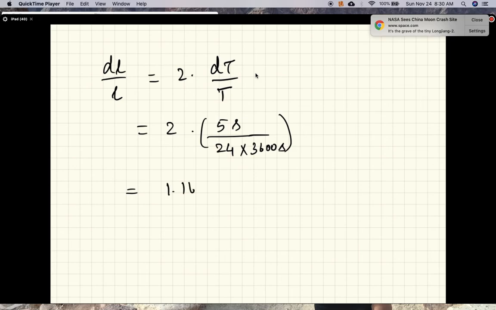That is 1.16 times 10 to the minus 4. So in percentage, dL by L would be 1.16 times 10 to the minus 2 percent.